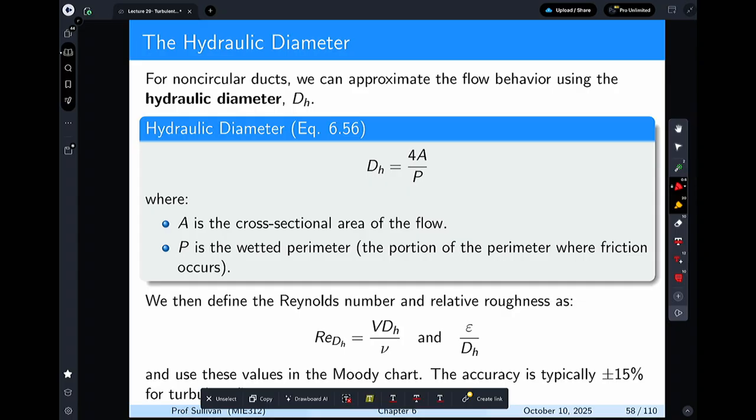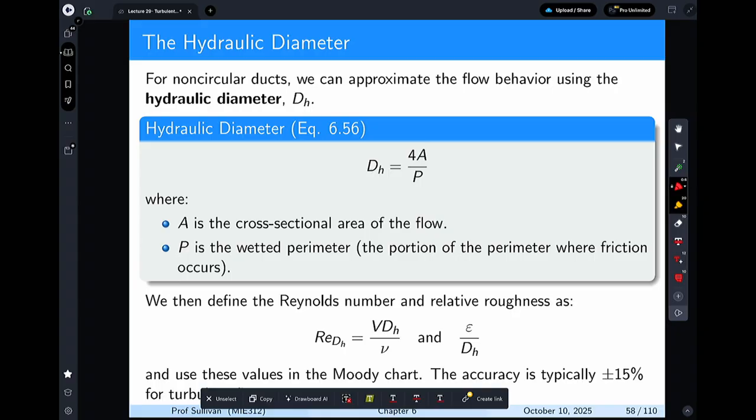We start to look also, and I'll talk in more detail about this, at non-circular ducts. And we use something called the hydraulic diameter, which is basically 4 times the area divided by the perimeter. So essentially switching whatever geometry you're looking at into an equivalent circle. You can do that with squares, or whatever you're looking at, but P is the wetted perimeter, the outer portion where friction occurs.